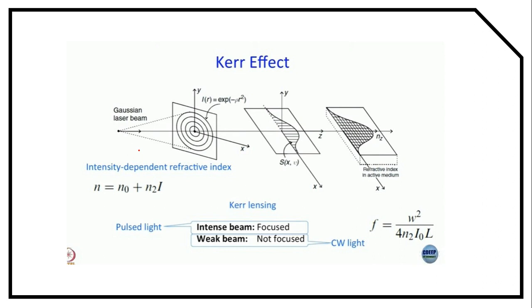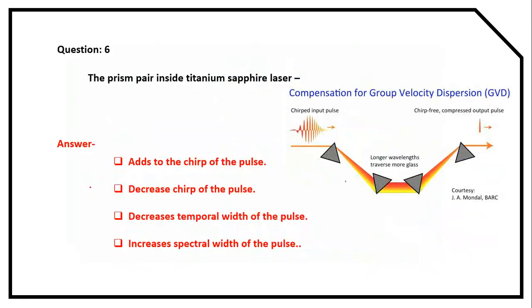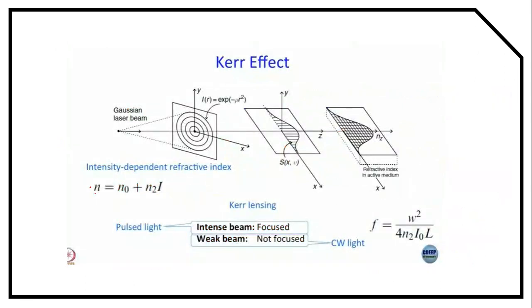And that is the intensity dependent refractive index, which is given by this equation, where n is the change in the refractive index, n naught is the refractive index of the light beam, and I is the intensity of the light beam.